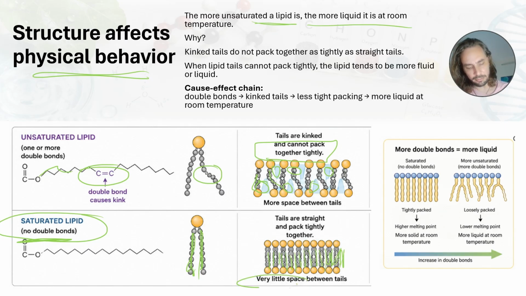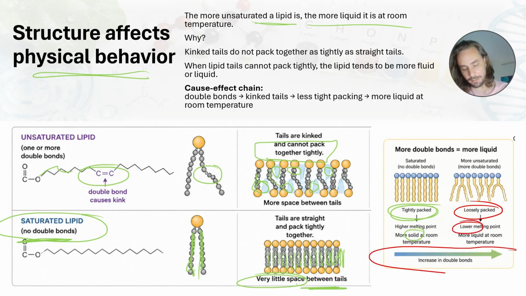There's very little space between the tails. So if there is very little space, it's tightly packed and it will be more solid at room temperature. And the more unsaturated it becomes, the looser it's packed and the lower the melting point. So basically, if you start increasing the double bonds, it becomes more and more liquid at room temperature.